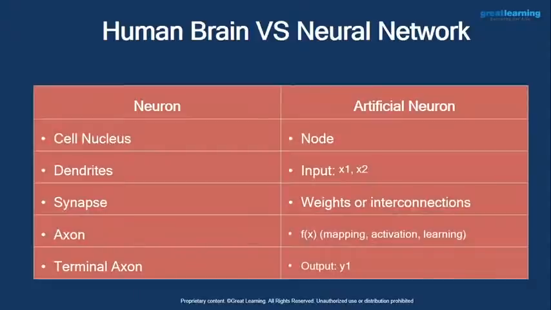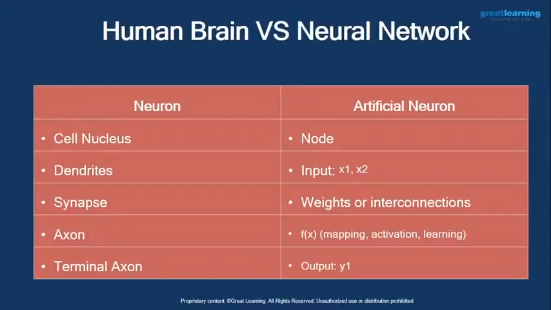Now we will have a look at what we have in our human brain, which we can compare with the artificial neuron. In the human brain we have the cell nucleus, and in the artificial neural network we have the node. In the human brain we have dendrites, and in the artificial neural network we replace them with the input layer, the inputs X1, X2, X3.